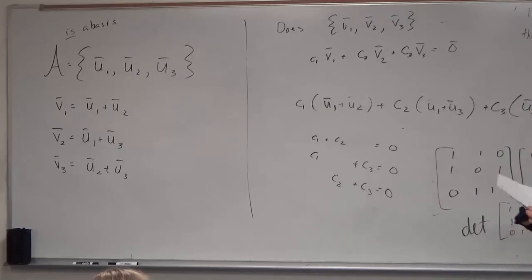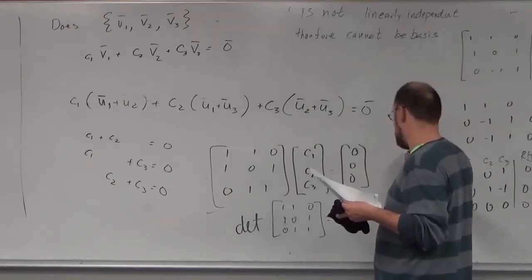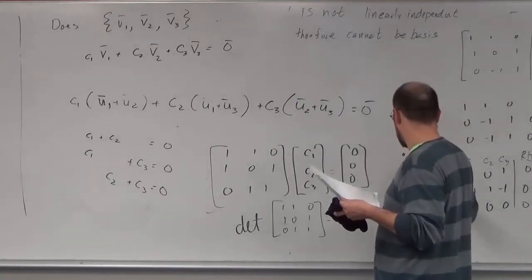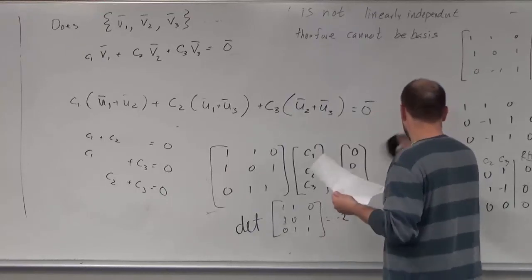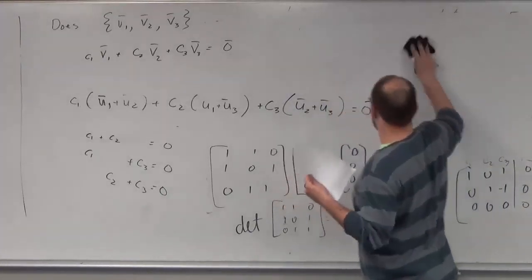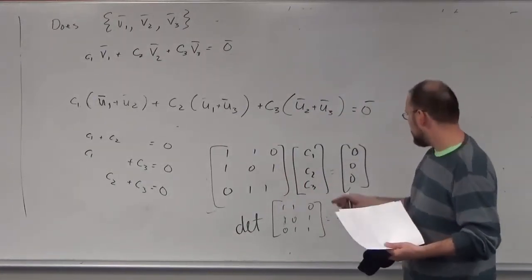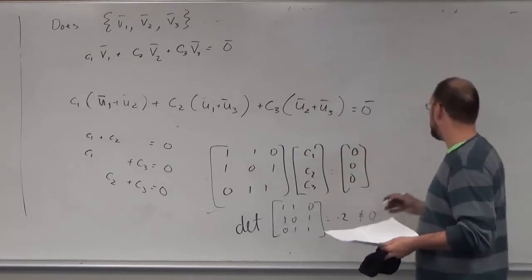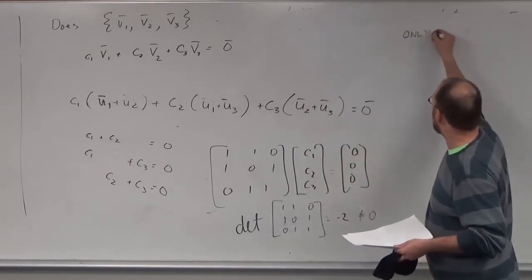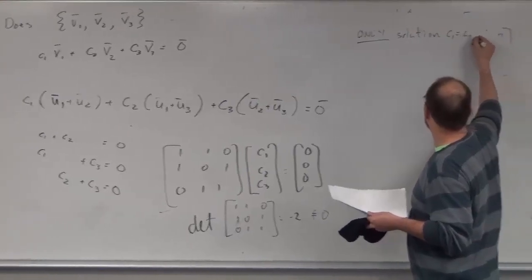I believe it's going to be -2. Okay. So it's not 0. Therefore, we know that the only solution for these coefficients is that they all must be 0. Therefore, we have linear independence.